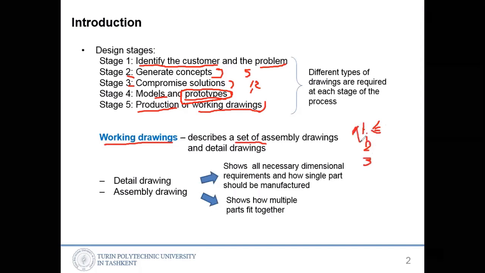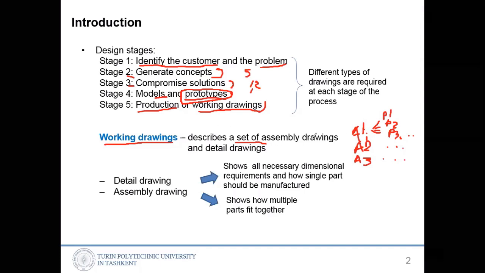Each of the assemblies has its own parts, and includes many components inside of this assembly. So part number 1, P1, P2, and P3, and so on. Other assemblies also have their own parts and components.